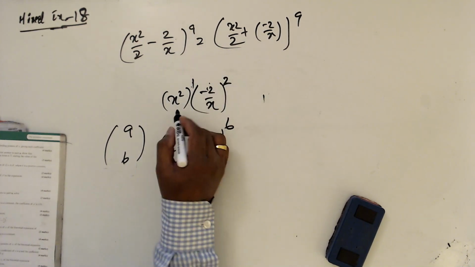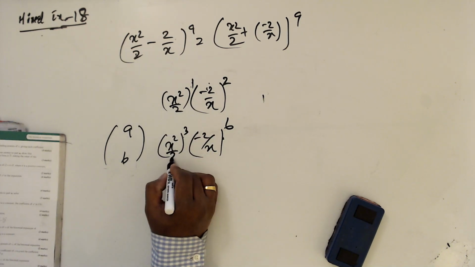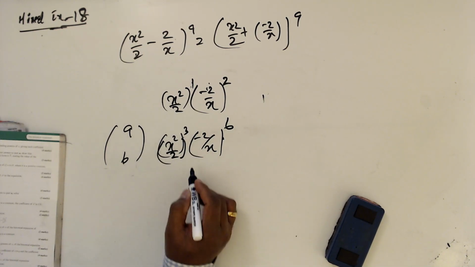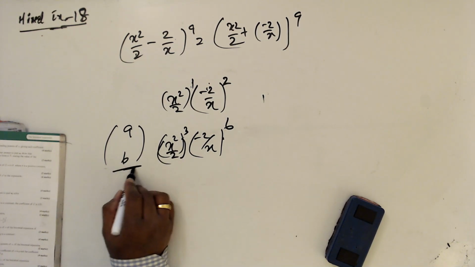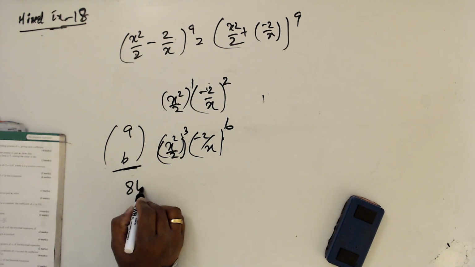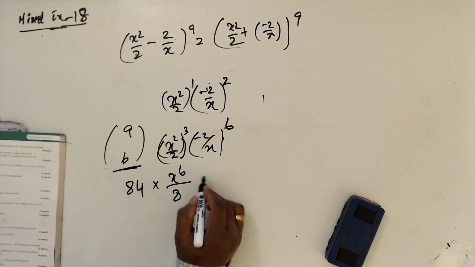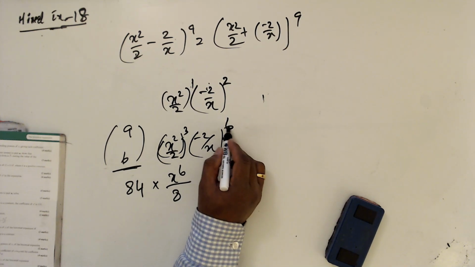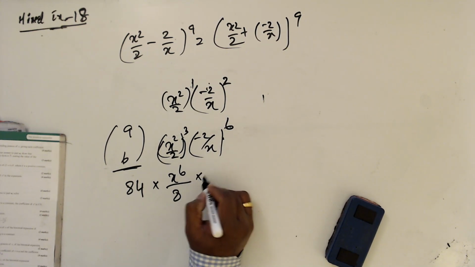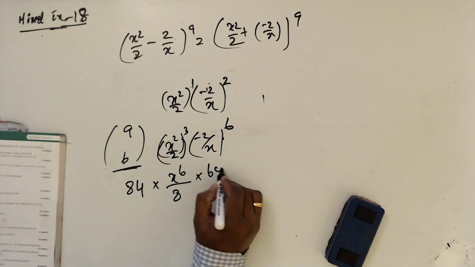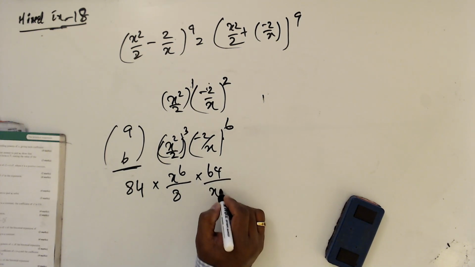This is actually x square over 2. So this is x square over 2. Then 9 over 6 means this is going to be 84. And this is x 6 over 8. And this is an even power, so this is going to be 2 to the power 6, 64 over x 6.